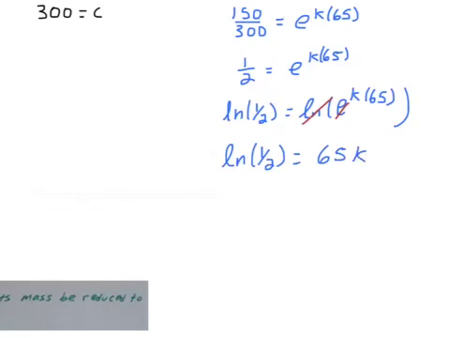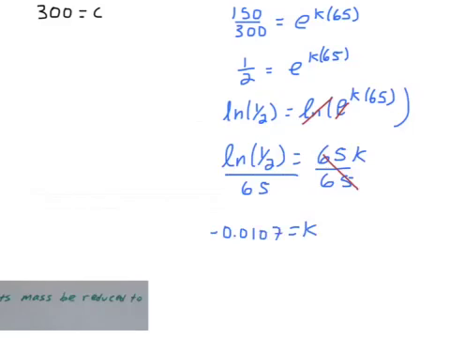The last thing I want to do is solve for k, so I want to divide both sides by 65. And I do have to punch this up on a graphing calculator. When I do punch this up, my k value is going to be negative 0.0107.